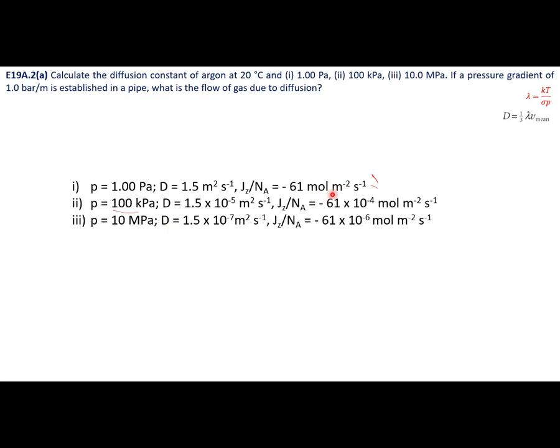At the same time, as the diffusion coefficient decreases, the flow of argon also decreases by similar magnitudes. So as we noted in one of the discussion problems, as we increase the pressure, the diffusion coefficient decreases and the flow also decreases.